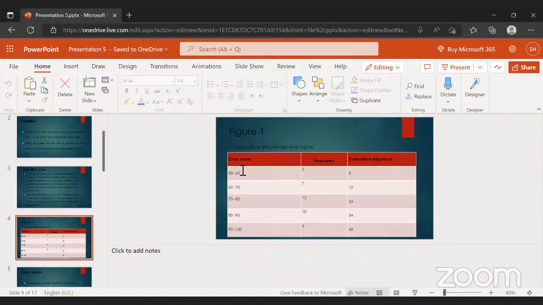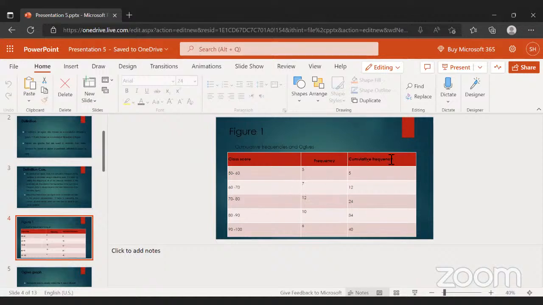You can see it in this figure. We have a class of students and their scores in the test: between 50 and 60, 60 to 70, 70 to 80, 80 to 90, and 90 to 100. The frequency for those is 5 who got 50 to 60, and 7 who got 60 to 70.